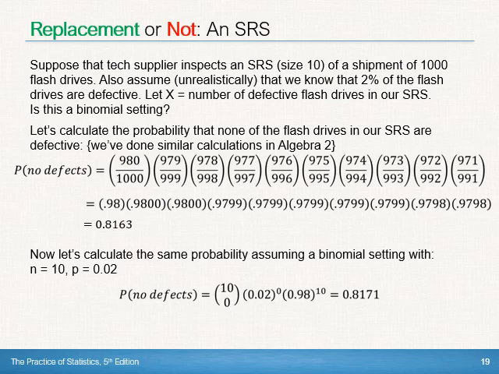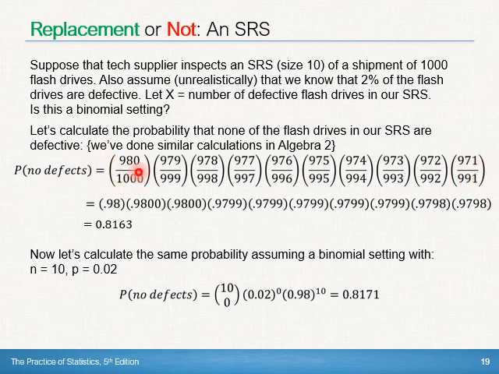And so this is that whole idea of replacement versus not replacement, and not sampling too many of the population. Because if we were to sample a lot more, then these numbers would change a lot more than these would.